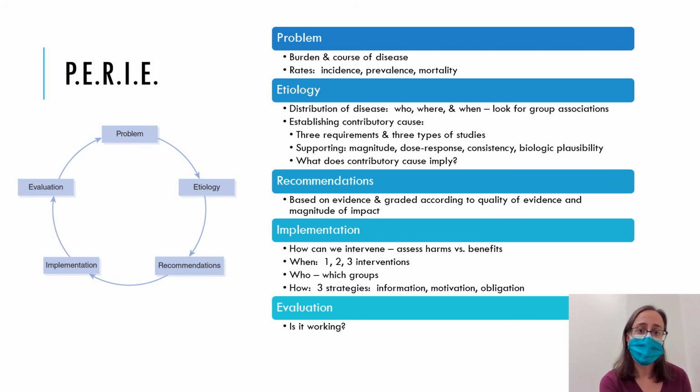And primary interventions are preventative, secondary are kind of early in the course of the risk factor condition, and tertiary are kind of further down the road once it's developed. Who, which groups? Everyone, high risk, those most likely to benefit, right? And then how, so those 3 strategies of information or education, motivation or incentives, or obligation or requirements, and how do we balance personal liberty with the good of the community.